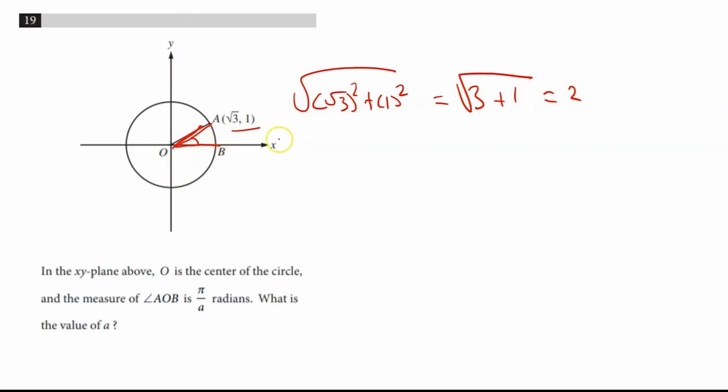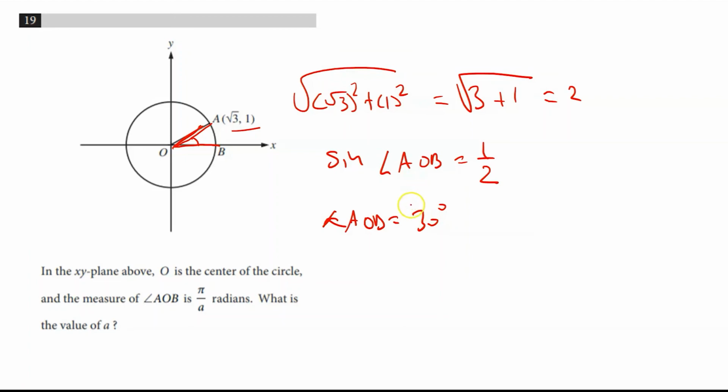Thus, we know that the sine of angle AOB is 1/2, right? We have trig rules. 1/2, okay. Therefore, the measure of AOB, not the sine of it, the measure of AOB is 30 degrees.